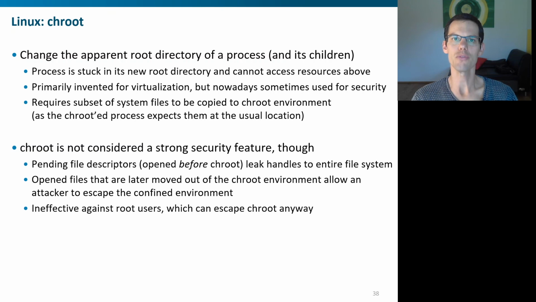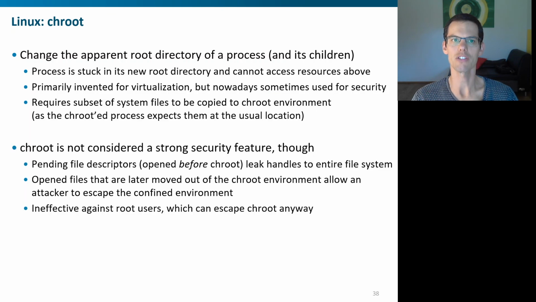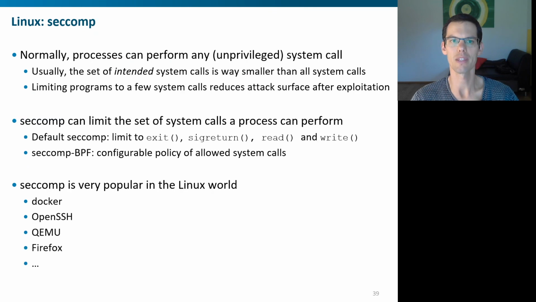Let's now turn to the two variants which use system call filtering, namely seccomp and SELinux. In seccomp, you restrict the set of system calls a normal process can do. The main intention behind this is that there are many system calls, over 100, including many unprivileged ones that a process can normally call, but the set of actually required system calls for the normal operation of a process is much smaller.